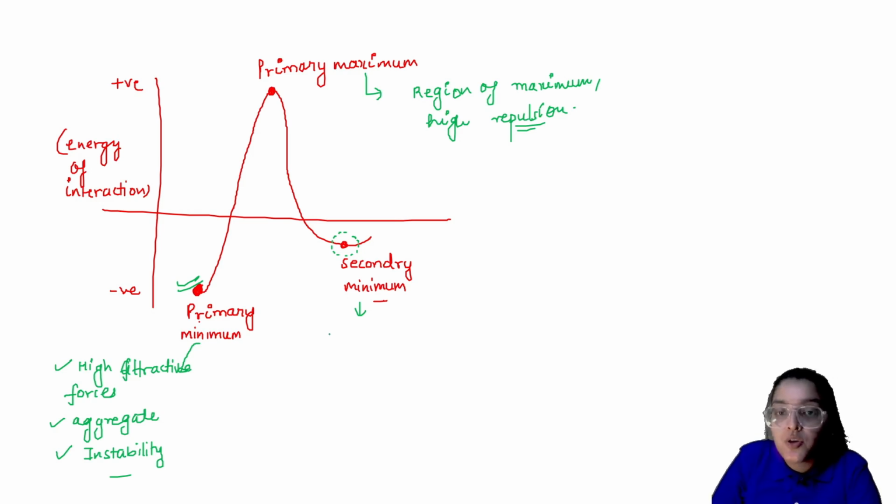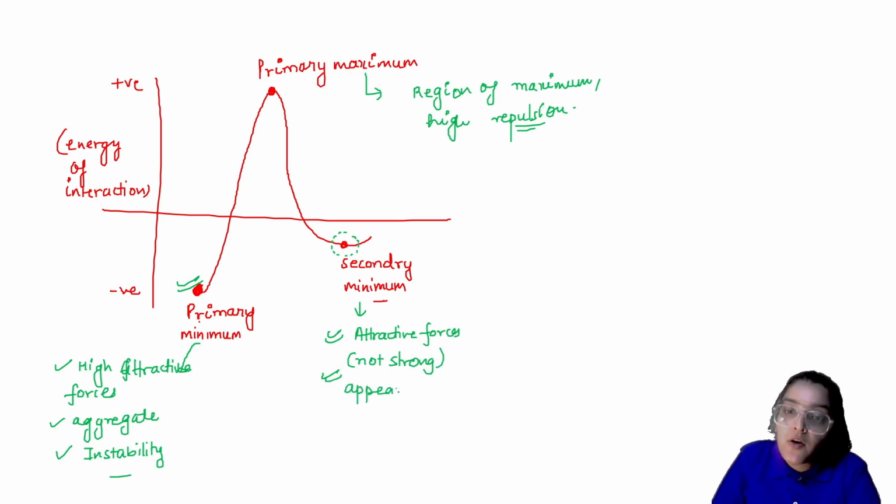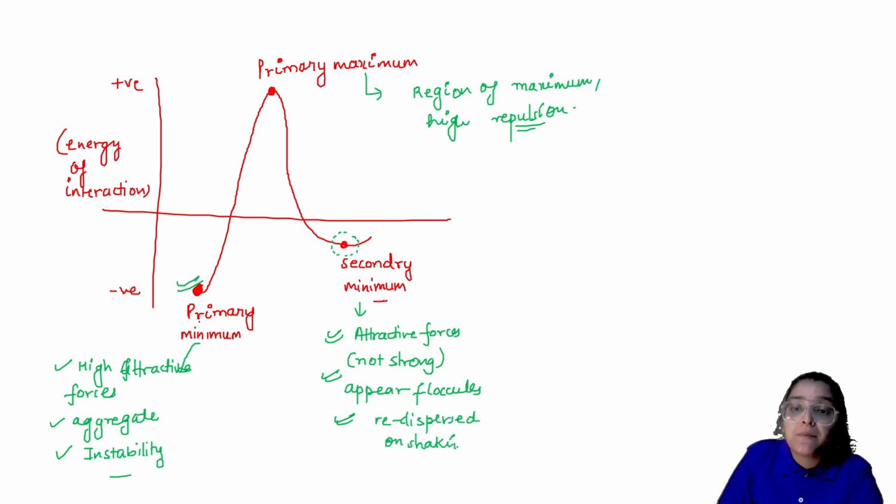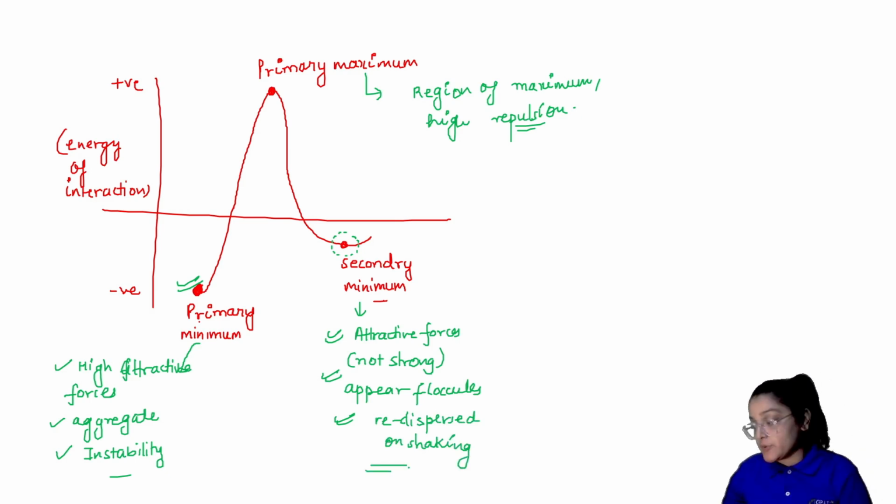So here you should understand that the attractive forces exist, but they are not so strong, so the particles just appear as floccules, which can be redispersed on shaking. This is the basic phenomenon included in your DLVO theory.